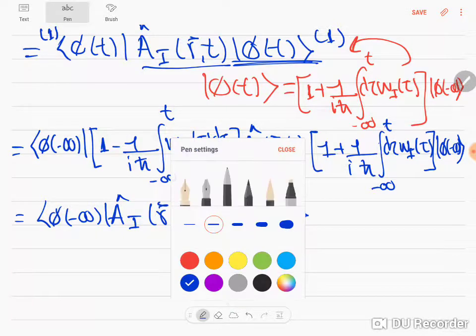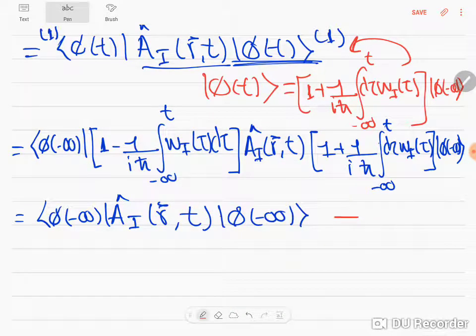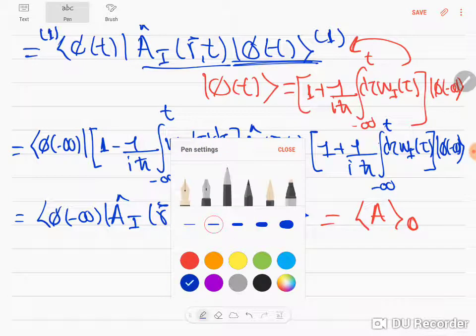This first term is the expectation value of A₀. So this is just the expectation value of our operator, with the knowledge of φ(−∞) without any perturbation. Now we continue with the other terms.